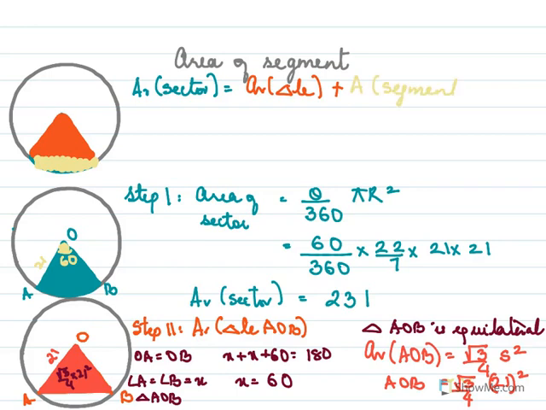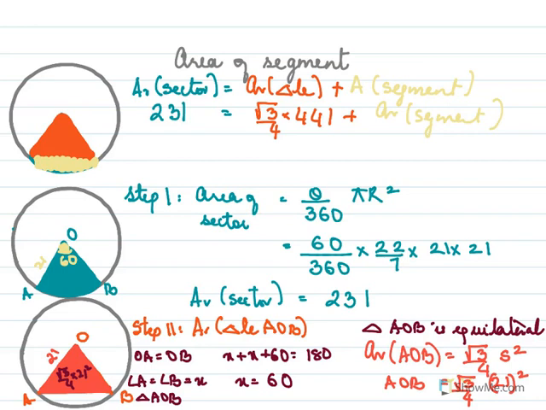Now we put the values that we know. We know area of sector we found as 231. Area of triangle is root 3 by 4, 21 square, which is 441. And our question is to find area of segment.